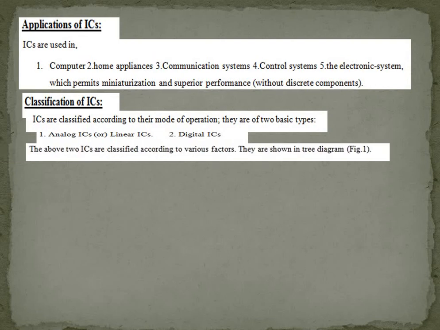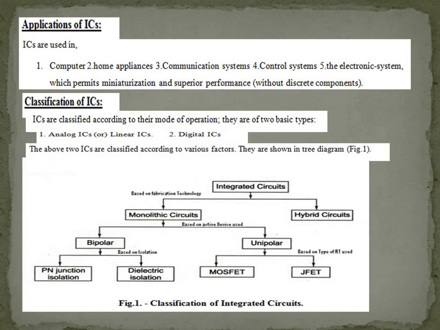We all know the meaning of analog ICs and digital ICs. The analog ICs operate only on analog signals, so the input and output of the ICs are in analog form. But in case of digital ICs, the input, output and processing, the entire thing is digital. Some examples are logic gate ICs. All kinds of logic gate ICs are examples of digital ICs.